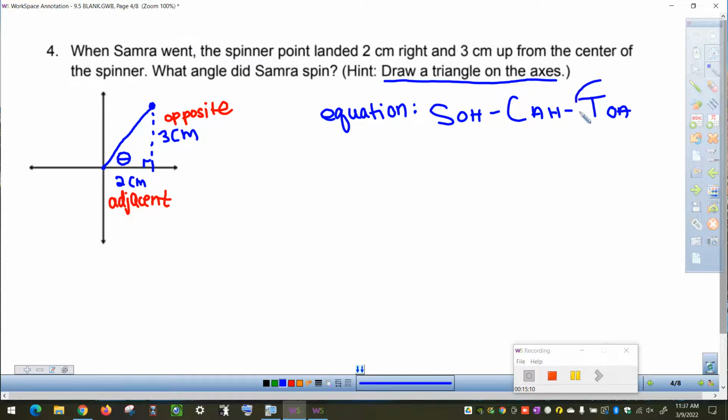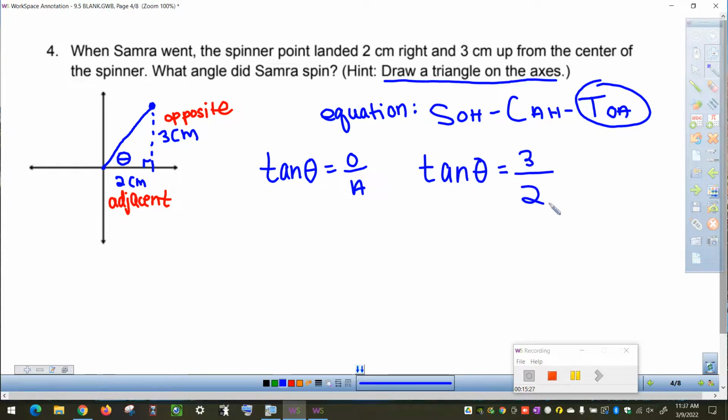We're going to do tan. Yeah, so we know the opposite side, and we know the adjacent side. So if we know that the tan of some angle theta is equal to opposite over adjacent, if we fill in the pieces that we know here, our opposite side is 3, and the adjacent side is 2.